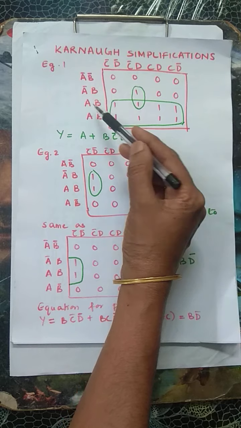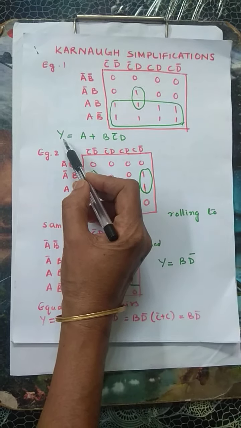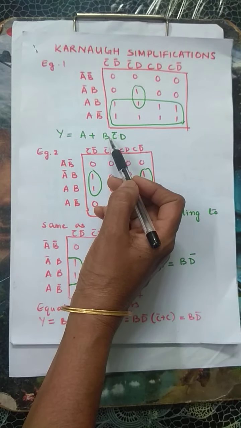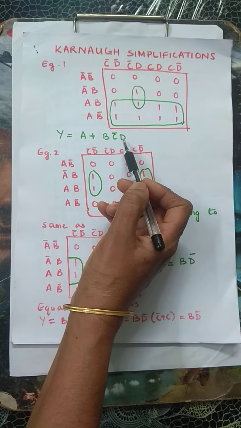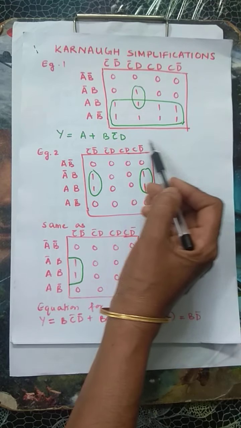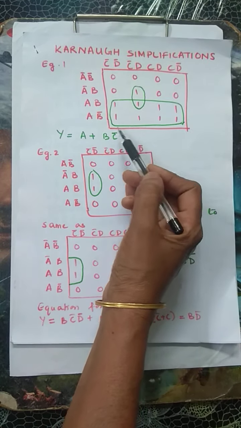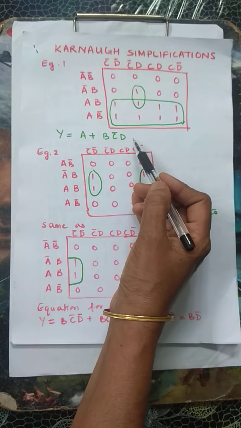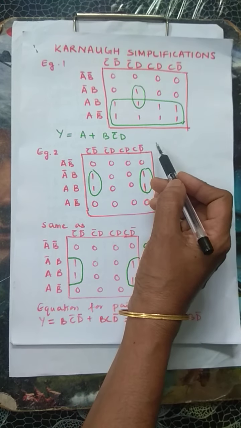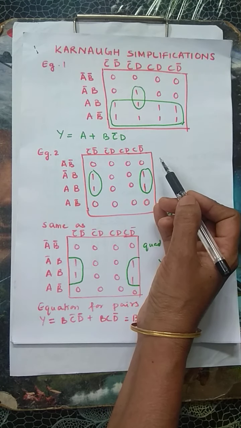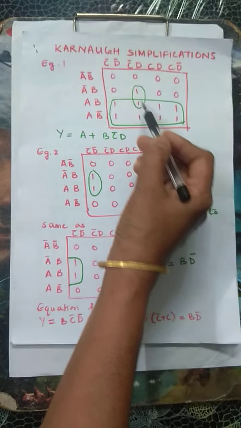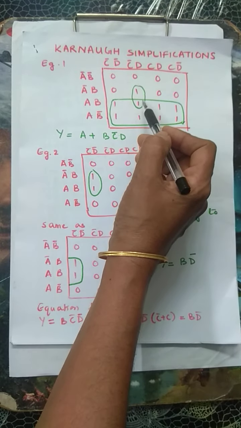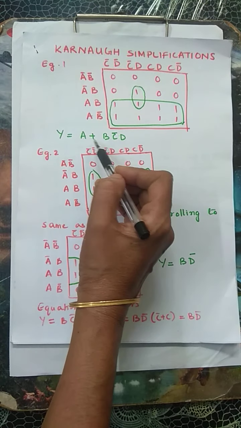Finally what remains will be A. So your output will be Y equal to A plus B C complement D. That is how, with the help of the Karnaugh map, you simplify the logic. You can do the same thing with Boolean simplification also, but this is much easier. Simply by looking at the map itself, you can write down the output expression.